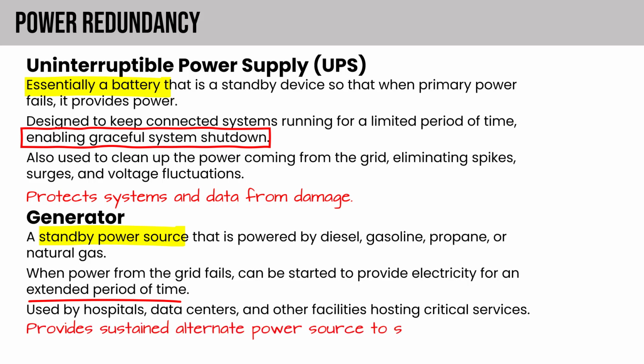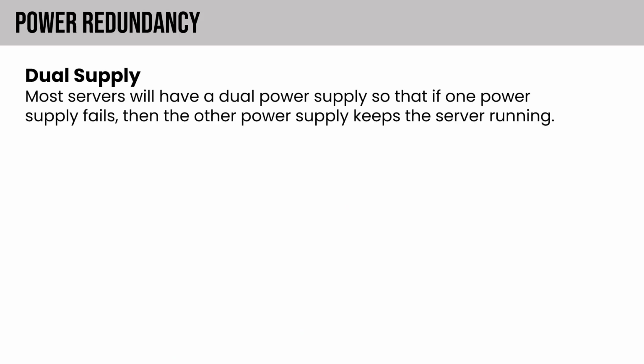The key here is it provides sustained alternate power to support continued operation in the event of an unexpected power failure, whereas the UPS is really designed just to accommodate a short run and graceful shutdown to avoid damage to hardware and data. Most servers will have a dual power supply so that if one power supply fails, then the other power supply keeps the server running.